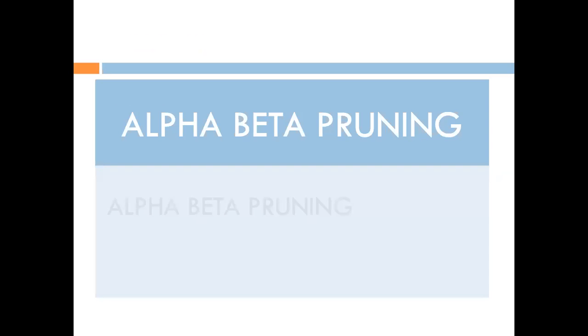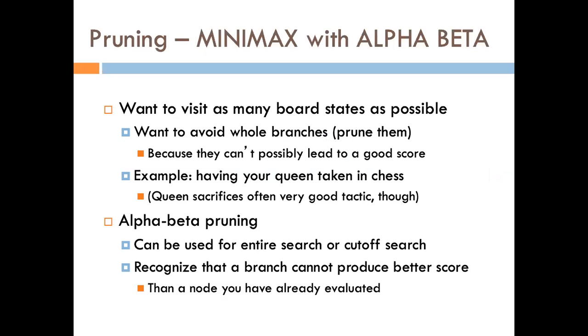Okay, so now coming to our discussion for today, that is on alpha-beta pruning. Now, alpha-beta pruning is a method that reduces your search space in adversarial games. Okay, in adversarial games, the idea behind alpha-beta pruning is how can you make your search more efficient?